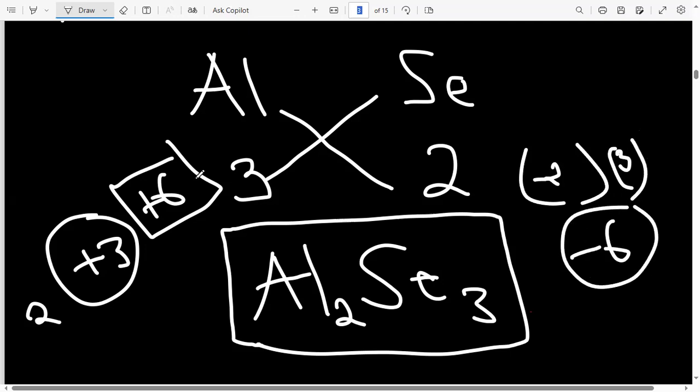So this -6 and this +6 cancel, giving an overall charge of 0. That's what you should strive to achieve when you are writing formulas or naming: make sure that the compound has a 0 charge. If there are any questions, you can ask. If there are no questions, I'll go to the next one.